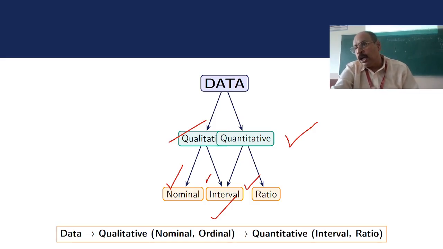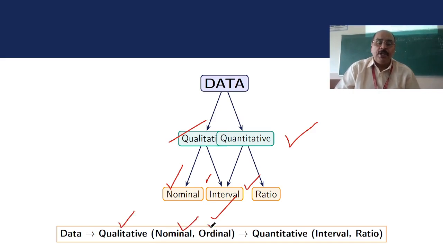Nominal and ordinal are almost the same, similar, with only a few small differences. So if the data is qualitative, we prefer nominal, ordinal, or even in some cases interval. But in quantitative, we prefer interval and ratio.